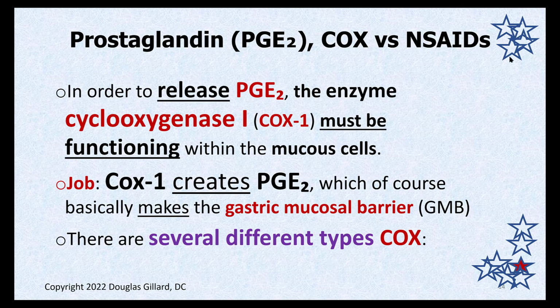So in order to release PGE2, the enzyme cyclooxygenase 1 must be functioning within the cytosol of a mucose cell. Its job is to create the molecule PGE2. We won't worry about the substrates and how that's made. PGE2, as we just said, basically makes and protects the gastric mucosal barrier.